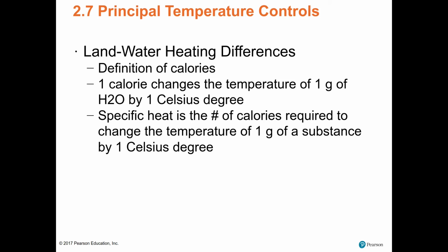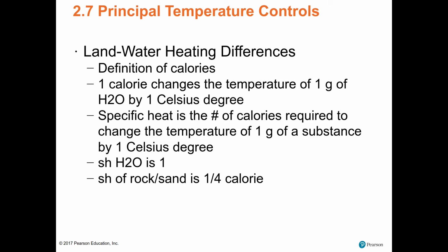Specific heat is the number of calories required to change the temperature of 1 gram of a substance by 1 Celsius degree. So the specific heat of water is 1. 1 calorie changes the temperature by 1 degree. So that's the definition of a calorie.